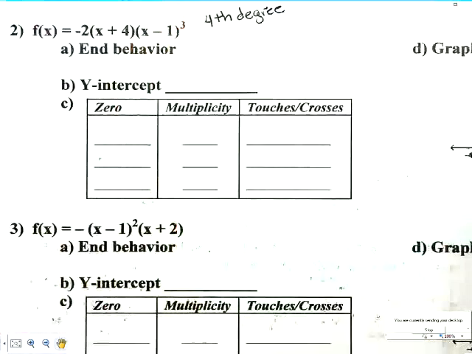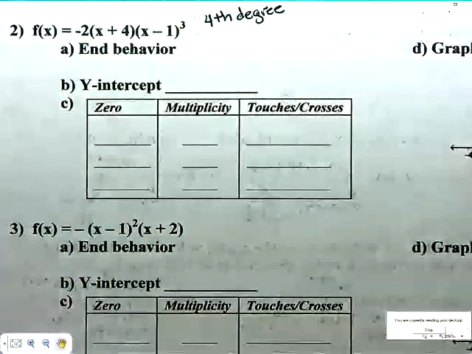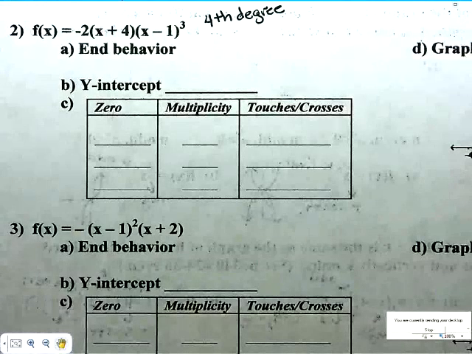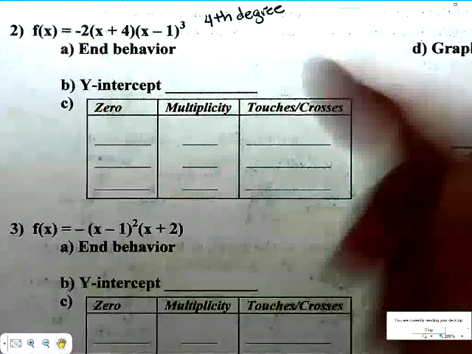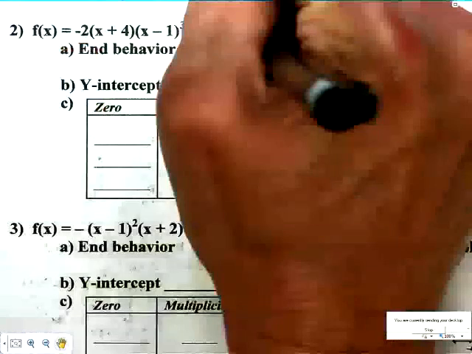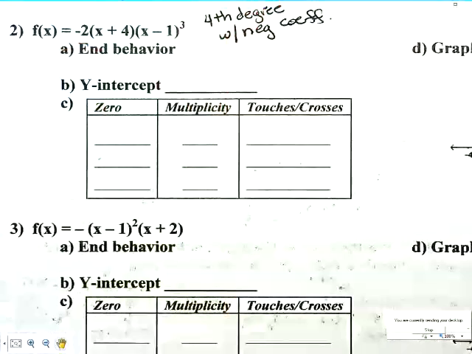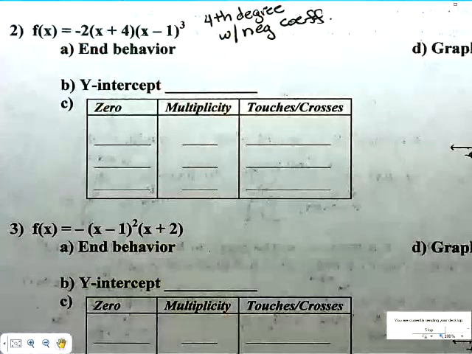Even degree, which means I know that both ends do the same thing. They either both go up or both go down. What tells me whether they both go up or both go down? The negative coefficient. What does this graph do on the ends?